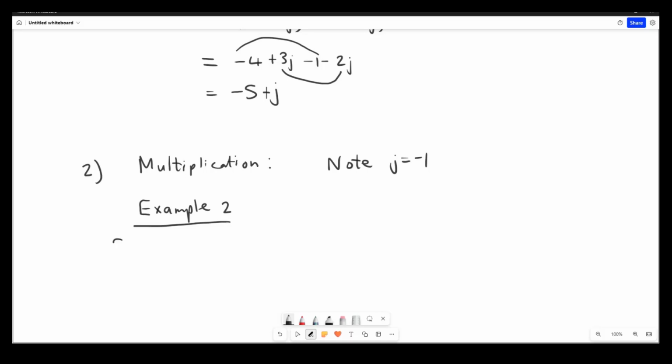They say simplify, and then they multiply these two complex numbers, 3 plus 2j, and 4 minus 5j. You'll see that the guide uses j2 and j5. I prefer to write it as 2j.